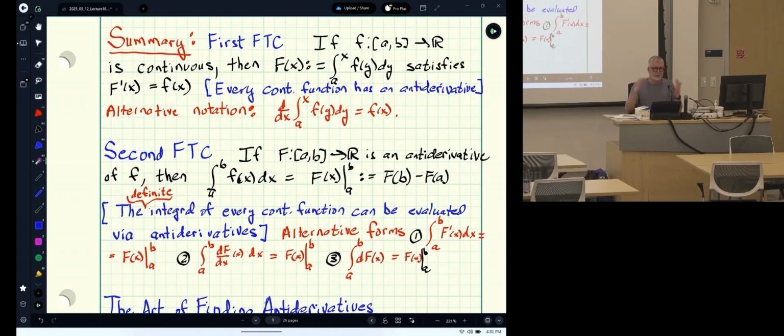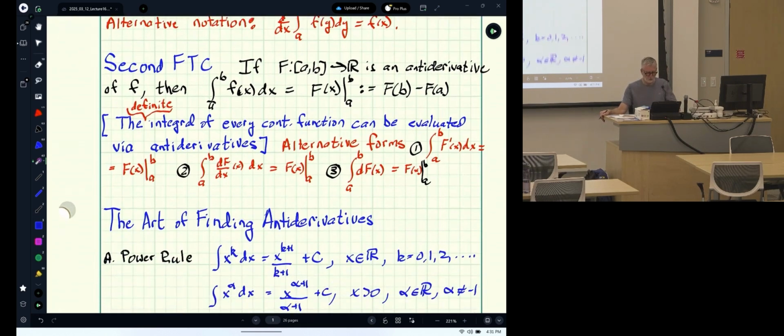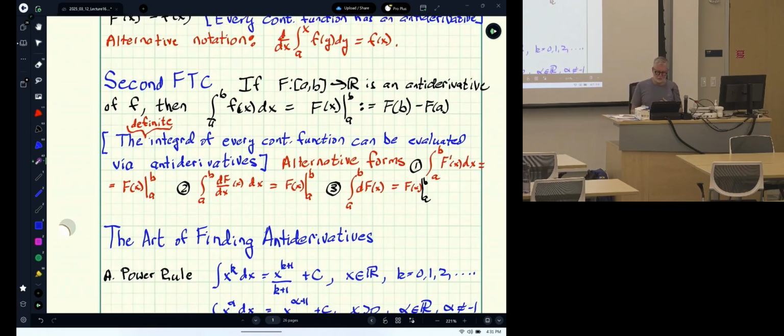It says that antiderivatives can be used to solve all definite integrals. So if you have a function and you know its antiderivative, you evaluate the antiderivative at the upper limit, subtract off the lower limit, and you have the value of the integral. And it's written in multiple forms, all of which emphasize that integration undoes or inverses differentiation.